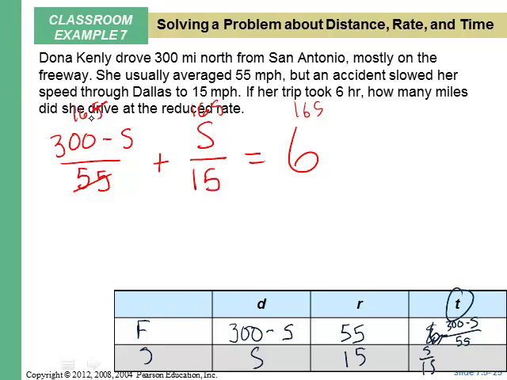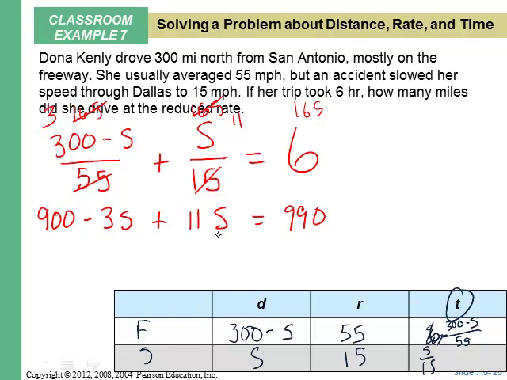Okay, these two cancel for a 3. 3 times 300 is 900 minus 3s. These two cancel for an 11, plus 11s equals 6 times 165, which is 990.